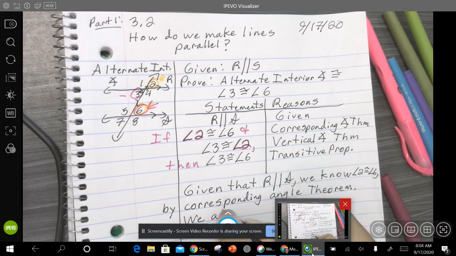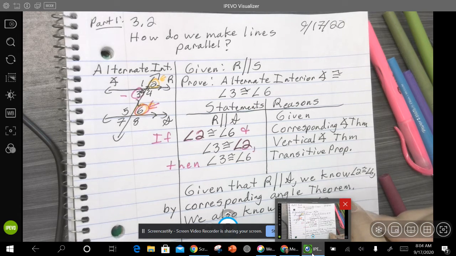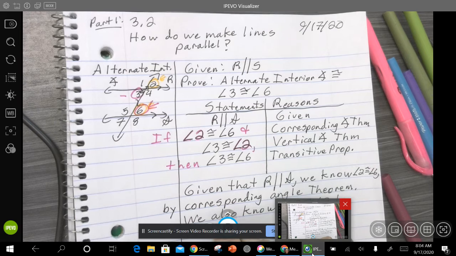We also know that angle 3 is congruent to angle 2 by the vertical angle theorem.